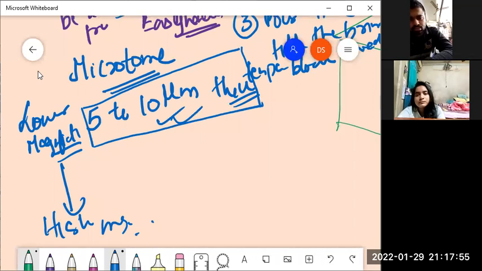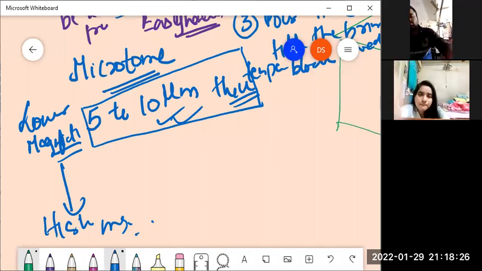At very high magnification, we even need to change our technique from optical microscopy to electron microscopy, in which the sections are even thinner than what I have written on your screen. Are you getting the point? Yes, sir.